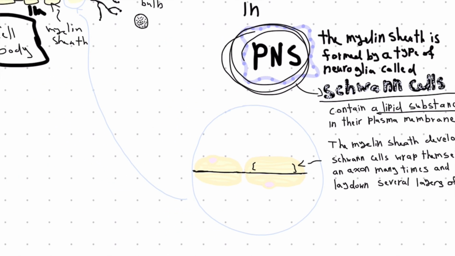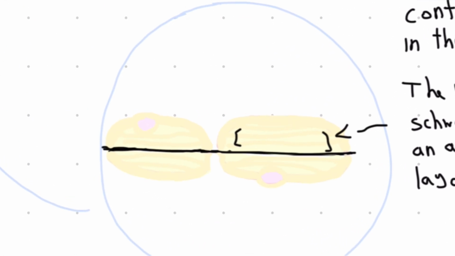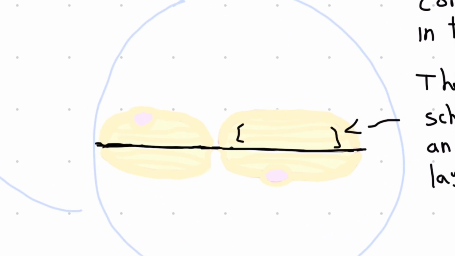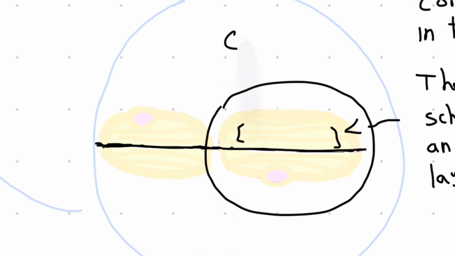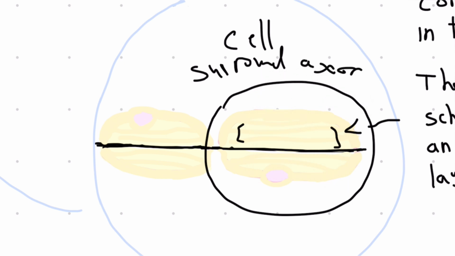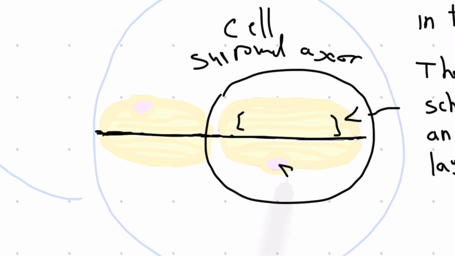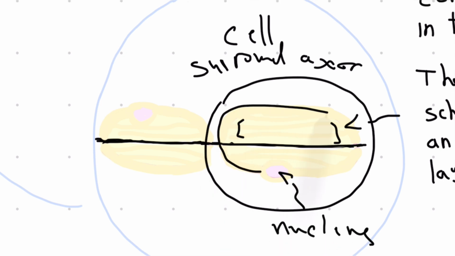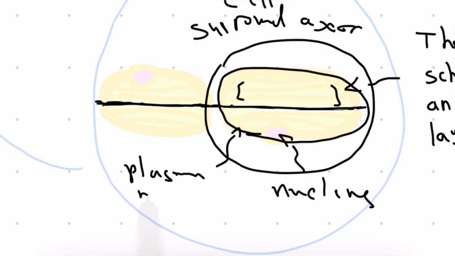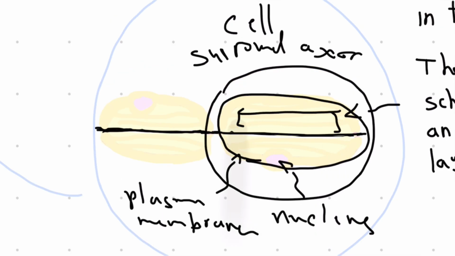If I magnify this part of the neuron and we look, you will see that this is a cell that surrounds a part of an axon. This is the nucleus. This is the plasma membrane. These are also layers of plasma membrane.